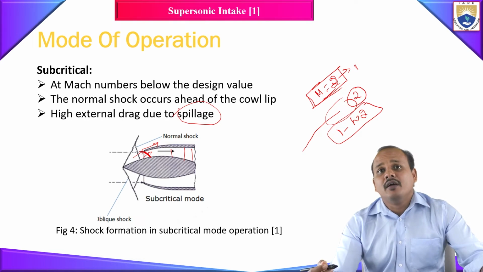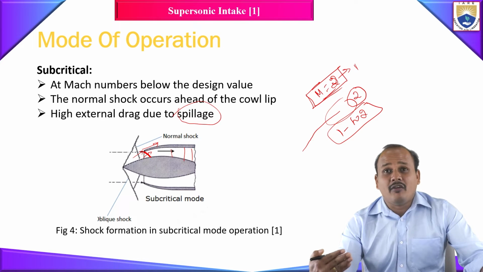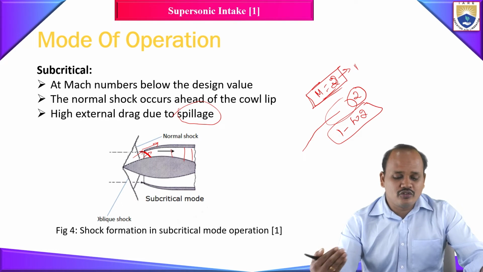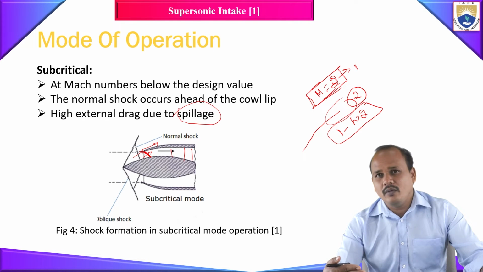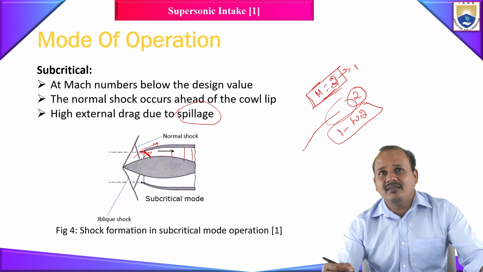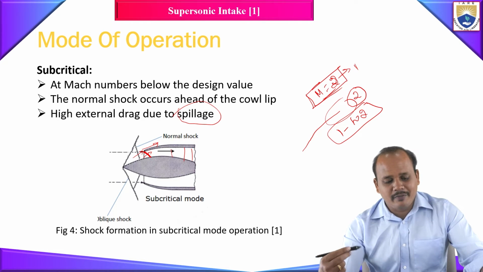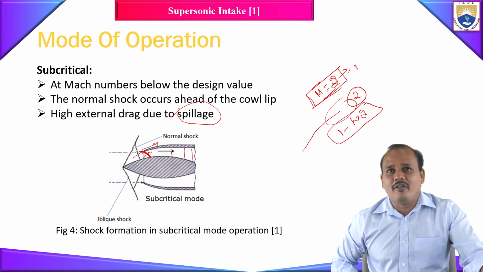So when I operate my aircraft at less than the design Mach number, the normal shock wave forms outside of your cowl lip, which results in spillage of the flow, and the spillage creates additional drag, the spillage drag. That's what we call the subcritical mode of operation.